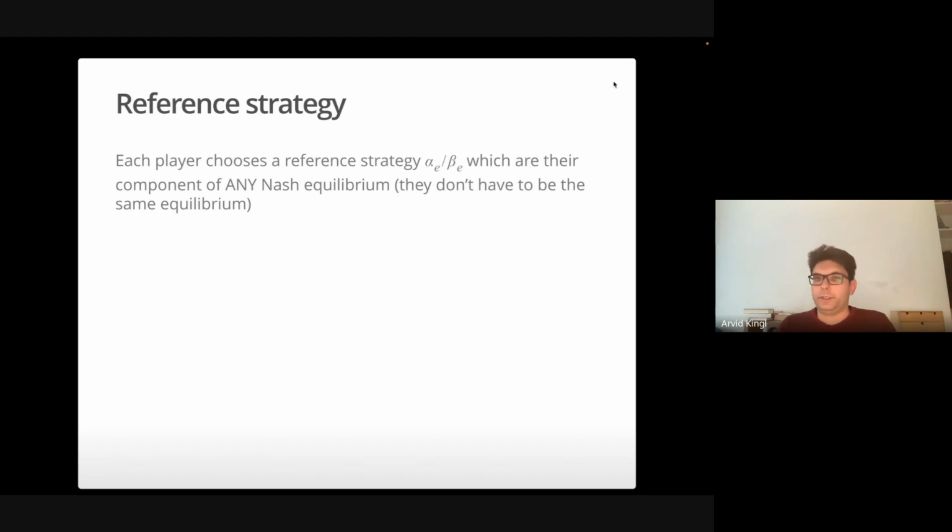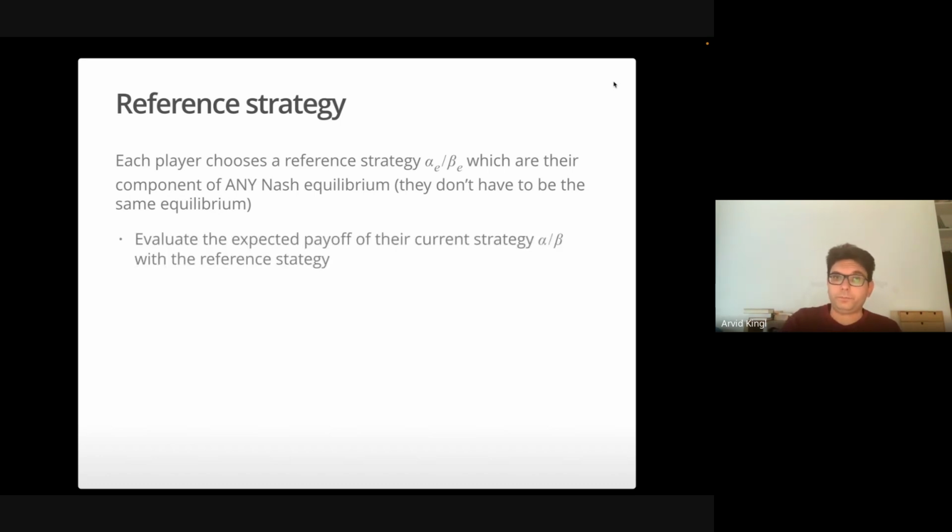The two players don't necessarily have to agree on the same Nash equilibrium. So this goes beyond that, but each player can essentially choose whether they win or lose.